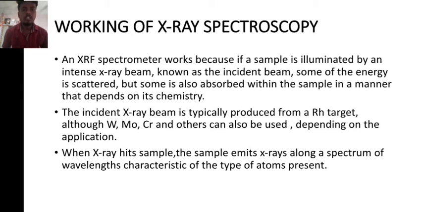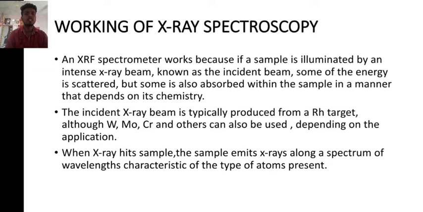The incident X-ray beam is typically produced from a Rh target, although W, Mo, Cr and others can be used depending on the application.